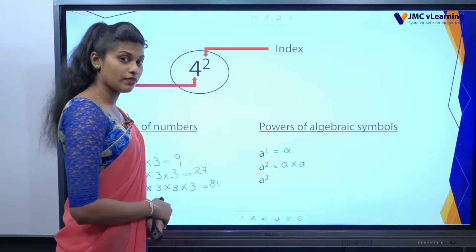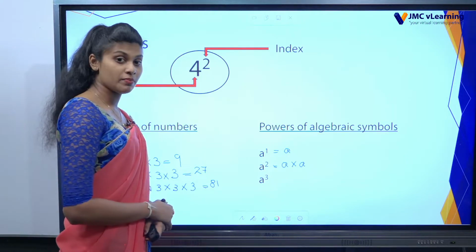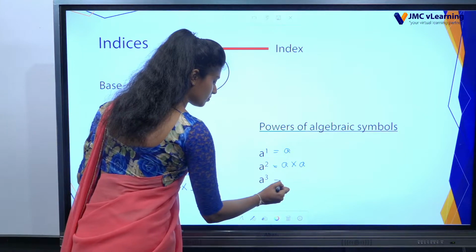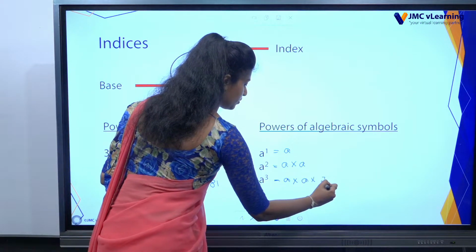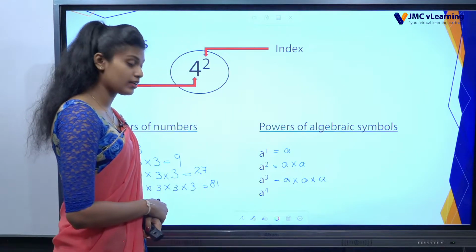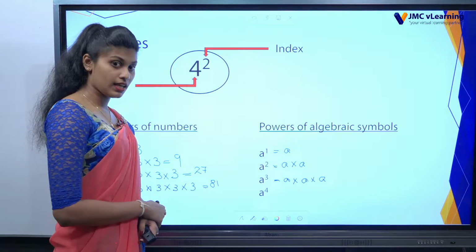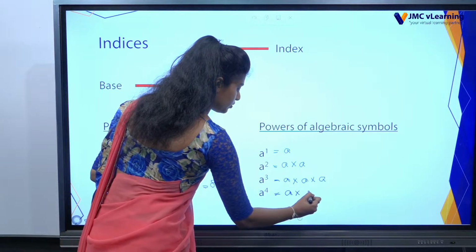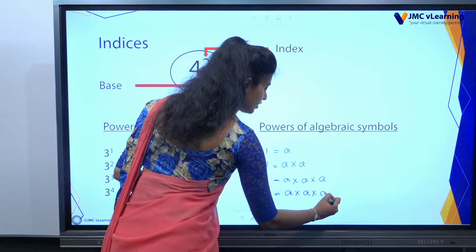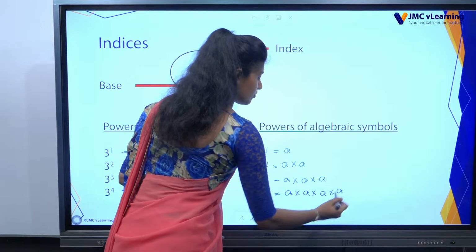Then a to the power 3, a should be multiplied 3 times: a into a into a. Then a to the power 4, this a you have to multiply 4 times: a into a into a into a.